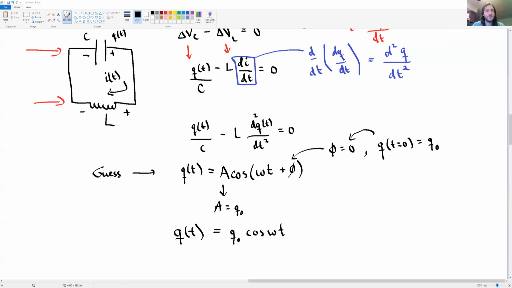It's not difficult to do, we just need to take a derivative. If we take the derivative dq dt, of course we pick up a minus sign, minus Q0 omega sine omega t. And this of course is the current as a function of time.